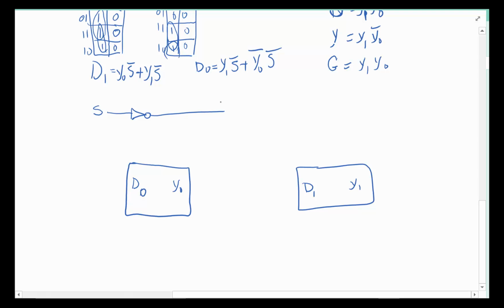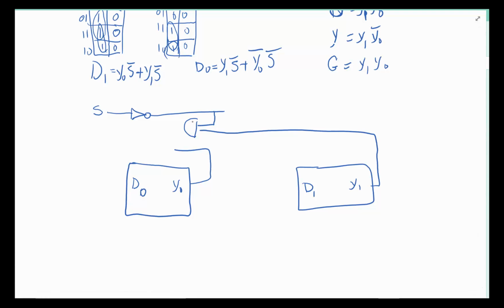Okay, and then so this one, Y1 comes back, Y0 comes back, and then we're going to have S naught, Y naught, and then we invert this thing and then bring that down.